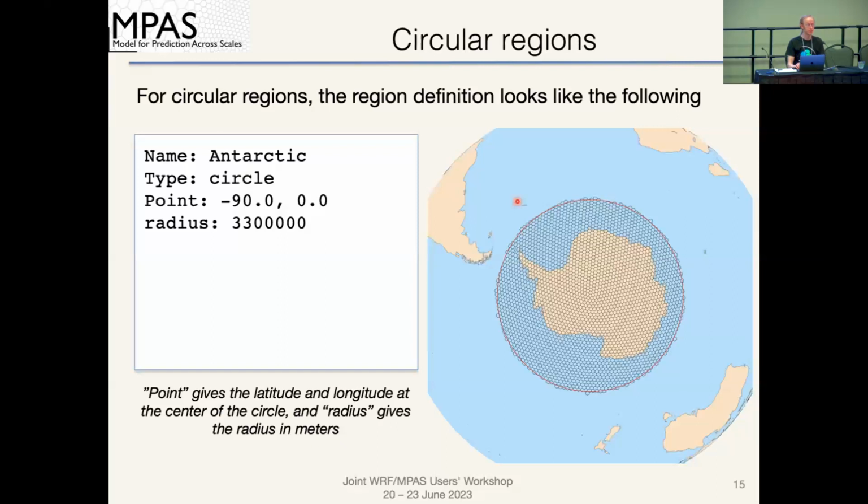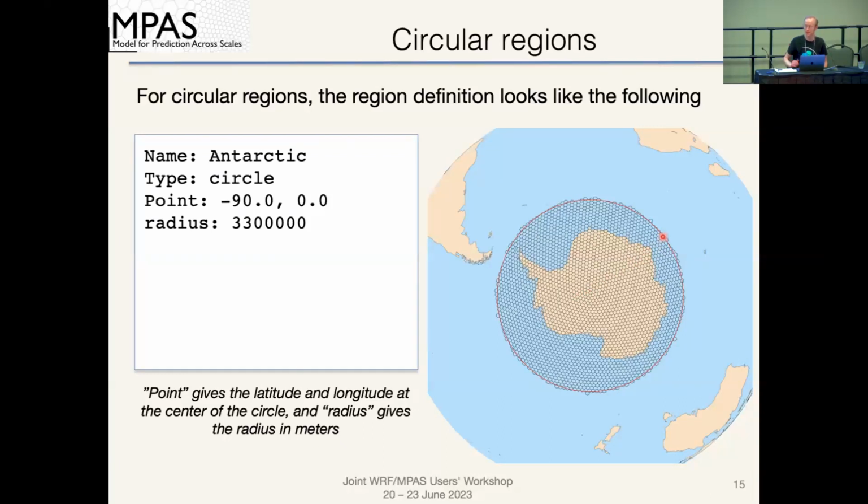The simplest thing that you can do is to just extract a circular region from a mesh. And that's fairly easy to specify, right? So you give it a name, you say that the type of this region is a circle. This point is just the latitude and longitude at the center of our circular region. And then the radius is the radius in meters of the circular region, right?